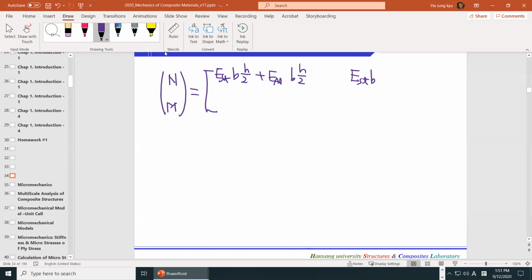B times 8H square plus E_aluminum and B times 8H square.